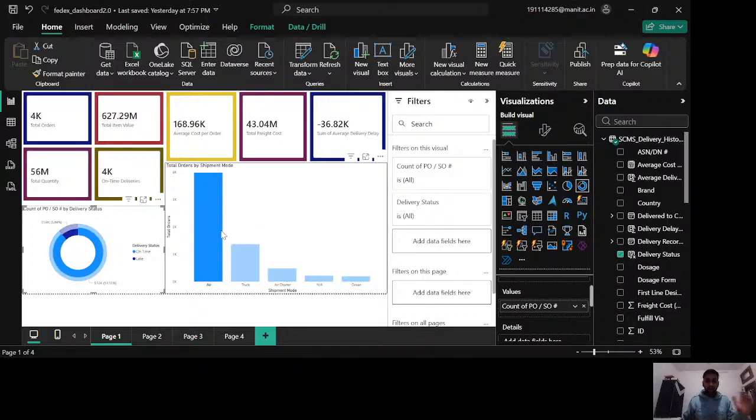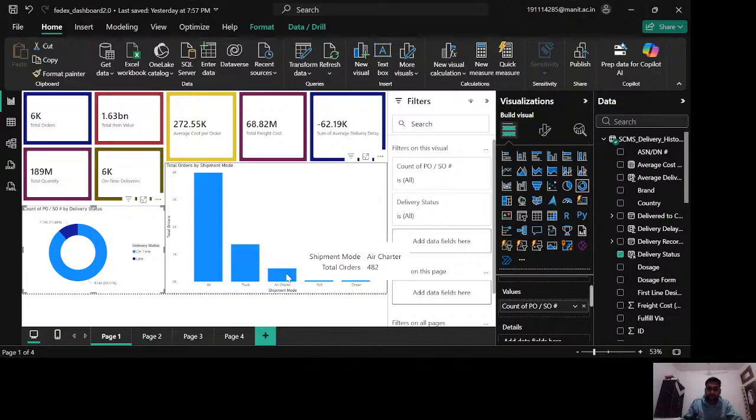Now our next visual is the total orders by our shipment modes. As we can see, most of the shipments are made by air, that is nearly 3973, and next is truck, which has 1364 odd total orders.